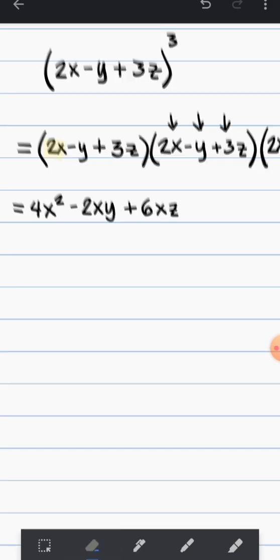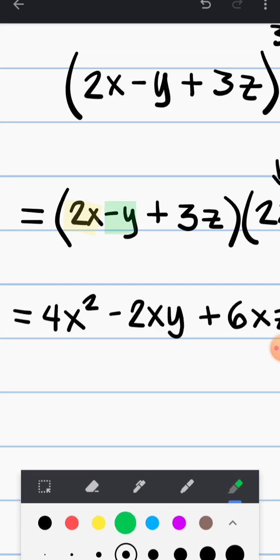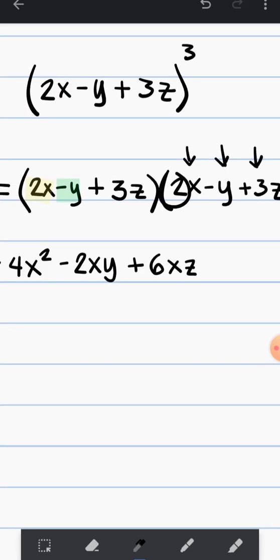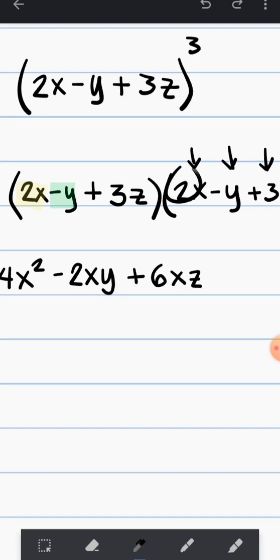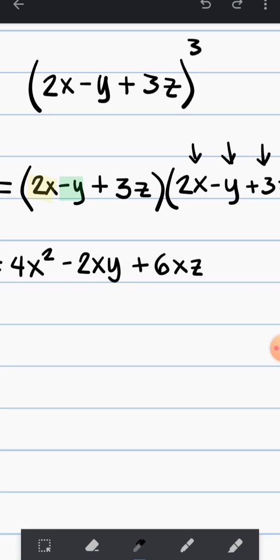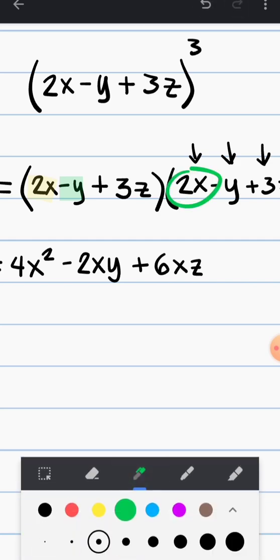Let's move on to the other term, which is negative y. And just like what we did with 2x, we will also multiply it to each of these 3 terms. So negative y times 2x is going to be negative 2xy. The coefficient, positive times negative, is negative, and then just copy the variables since they are not the same. So negative y times 2x is negative 2xy.